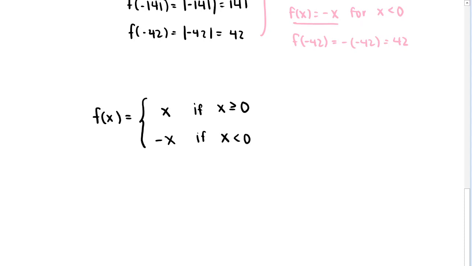This is really equivalent to f of x is equal to the absolute value of x.